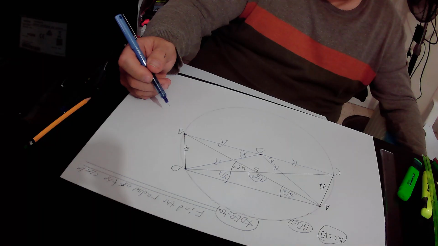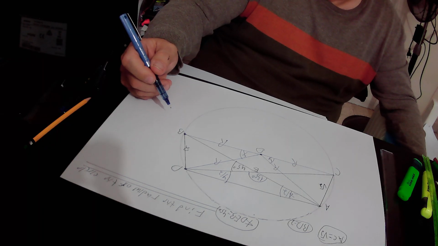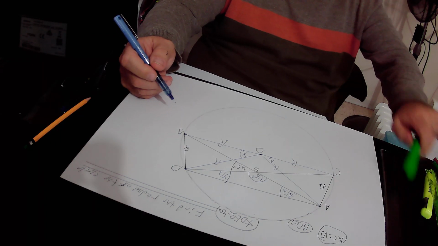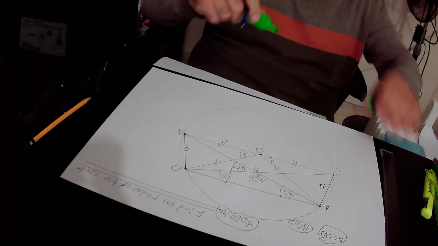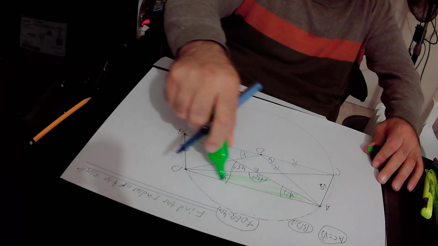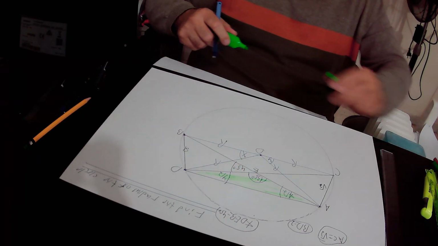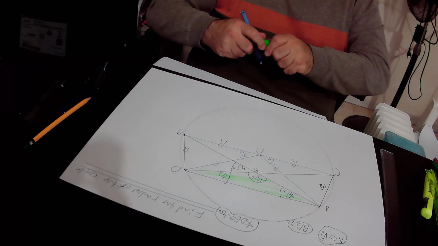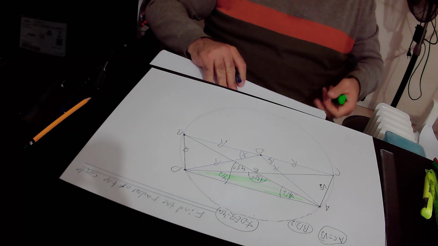So here in the green triangle AED, the sum of the angles must be equal to 180 degrees.